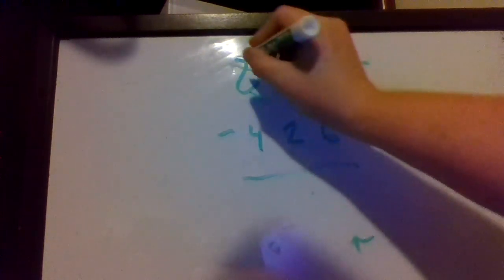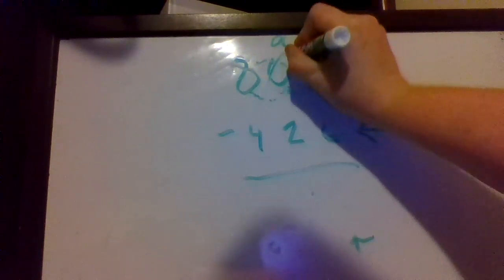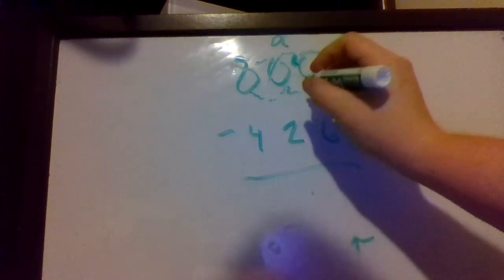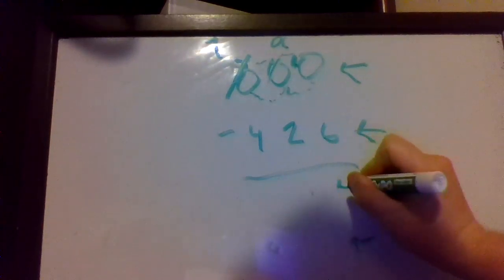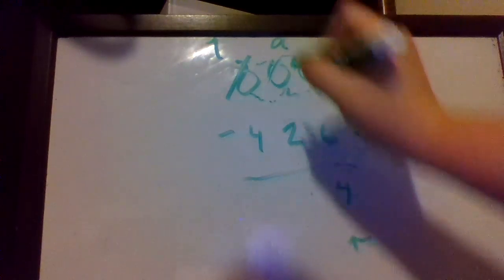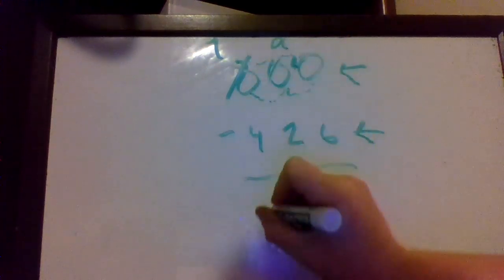And so the 8 gives this 0 a cup of sugar. And that makes this 0 a 10. Now the 8 only has 7 cups of sugar because he gave one away. Now we're ready to subtract. 10 minus 6 is 4. 9 minus 2 is 7. And 7 minus 4 is 3.